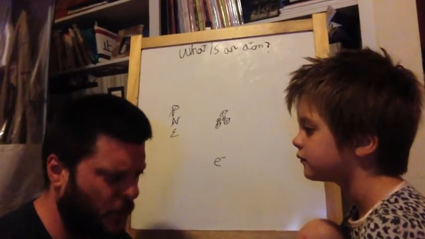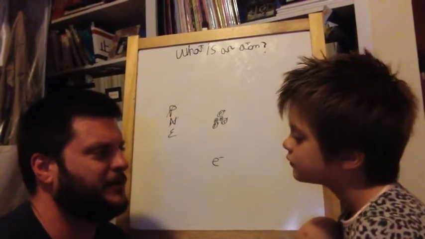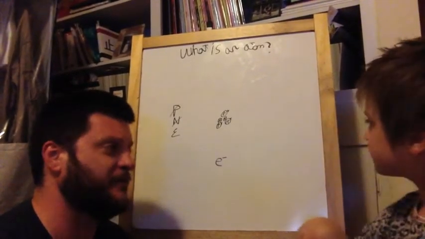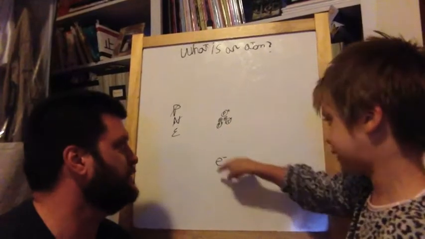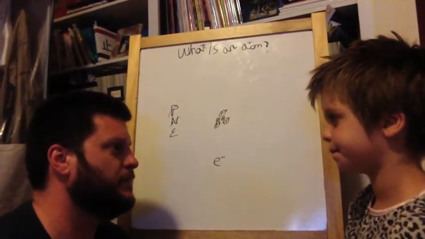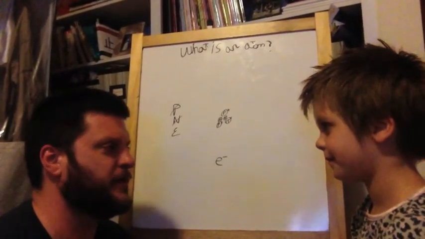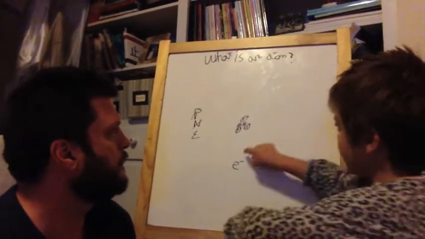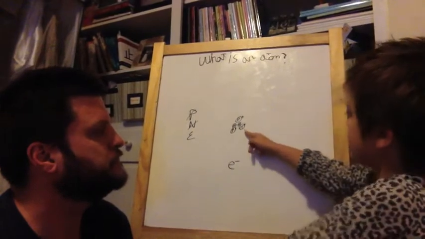So what is it that makes an element an element? An element of gold, or an atom of gold, or an atom of aluminum, or an atom of helium? What is it that makes it that? This and this number. Which number? Atomic. Well, the atomic number is made up of what?